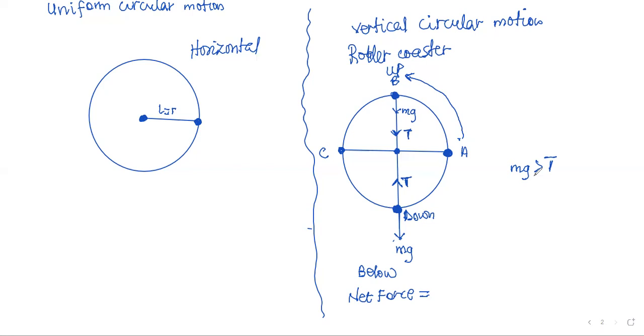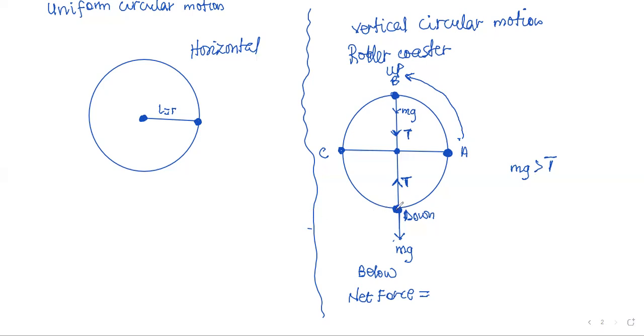And practically, if this happens, what will happen to the object? The object will be heavier. It means the object is heavier than the tension, and the object will tear off because the weight is greater than the tension in the string.